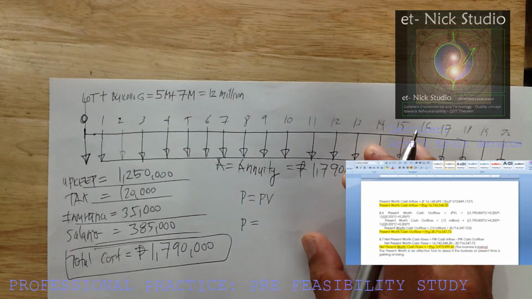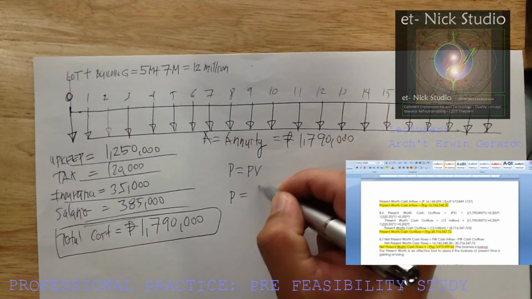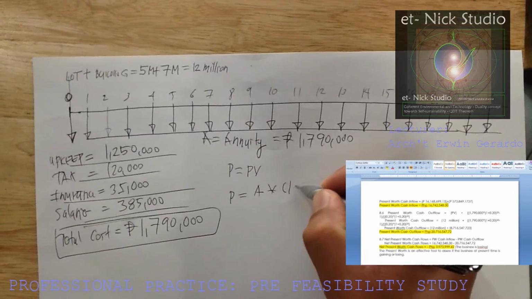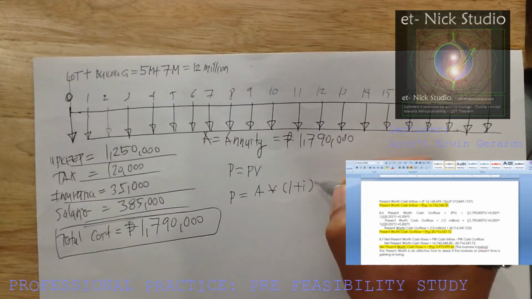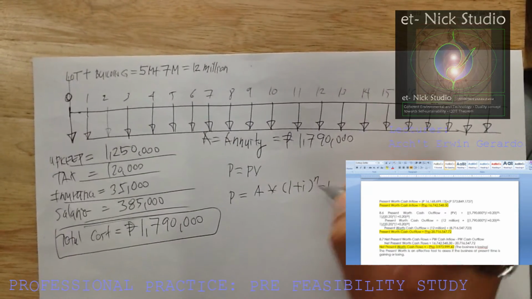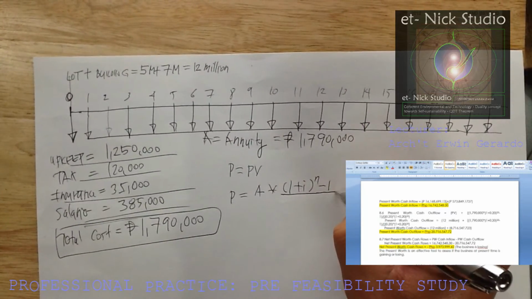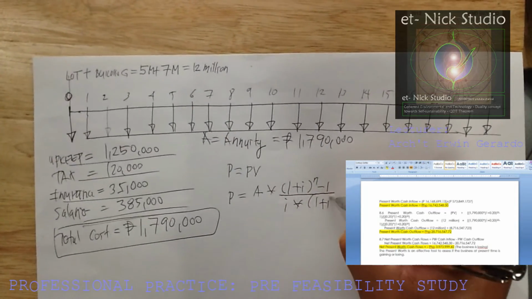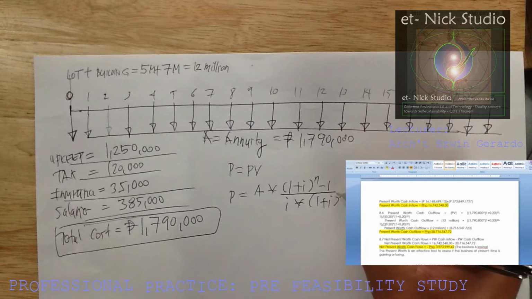Now, annuity times 1 plus the interest and the number of years minus 1 divided by interest times 1 plus I raised to n.